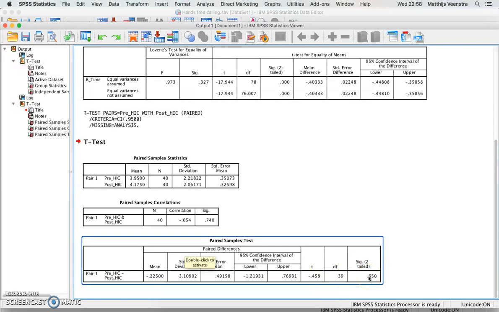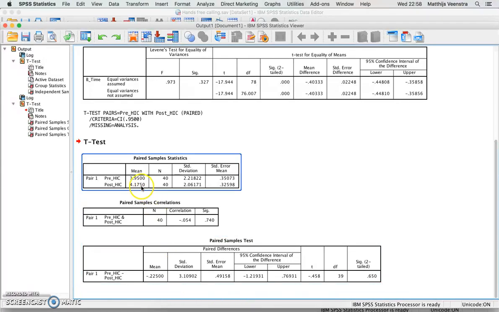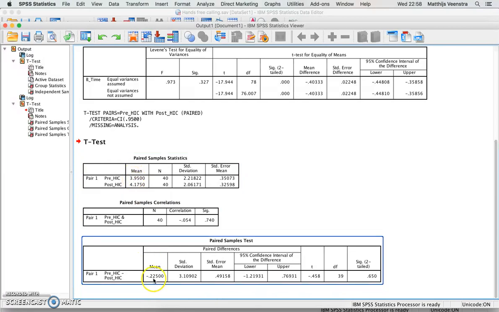Now, this significance is 0.65. What this tells you, actually, is that if you're wrong, so if the medicine doesn't work, the chance that you would find this difference, so a difference of 0.2 hiccups, among your population or with your experiment, is actually 65%. So that's quite a big chance.